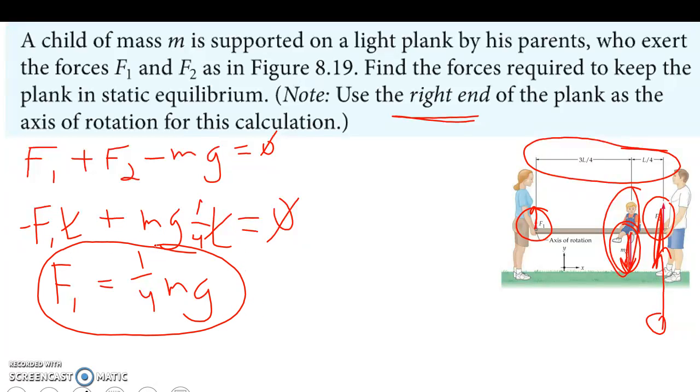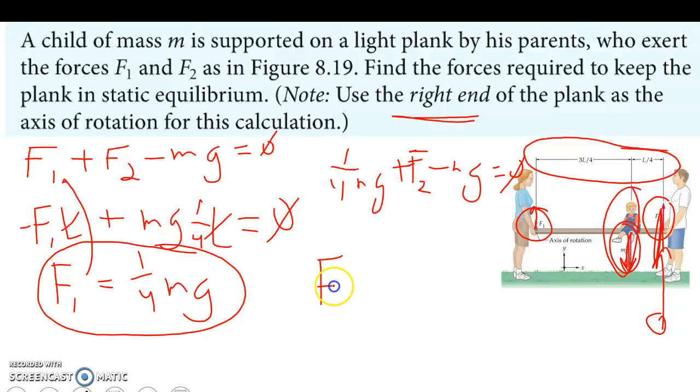Knowing that, we substitute it into here. We have 1/4 mg plus F2 minus mg equals 0. And when I move all my mg's over, I get my force F2 to be 3/4 mg.